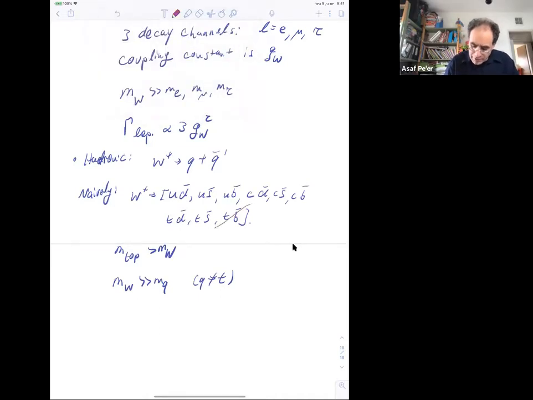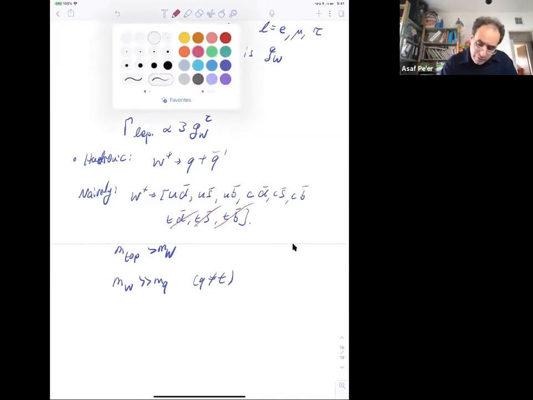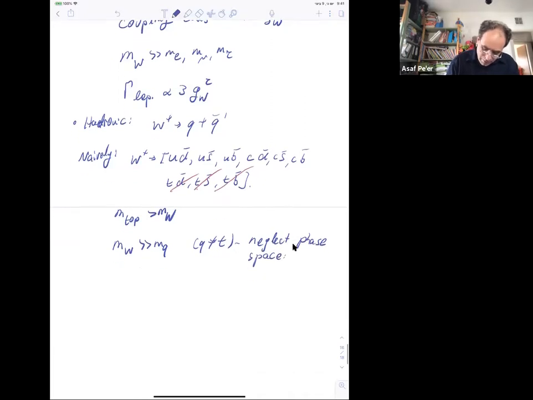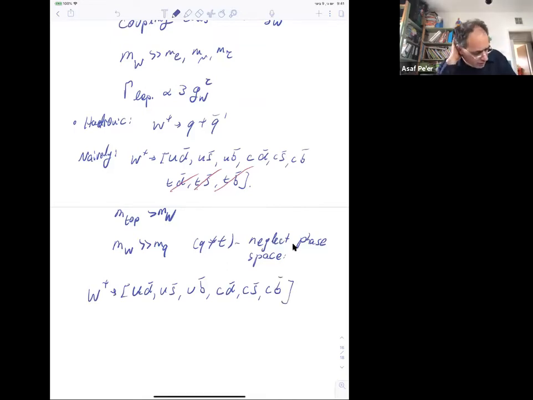Everything that includes the top is excluded. So we're left with W plus going into up anti-down, up anti-S, up anti-B, charm anti-D, charm anti-S, and charm anti-B. So we're now left with 6 options.